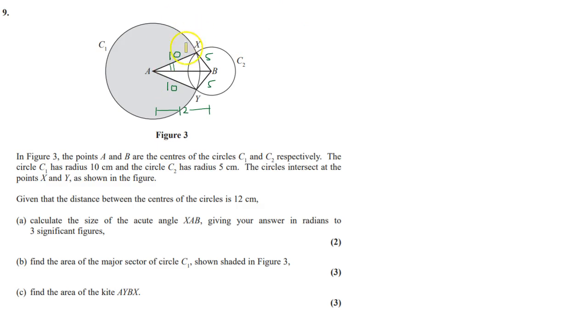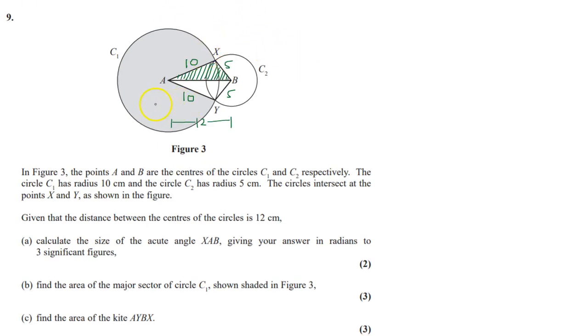In this, we have to find this angle XAB in this triangle, and we have all the sides. This is 10, this is 5, and this is 12.